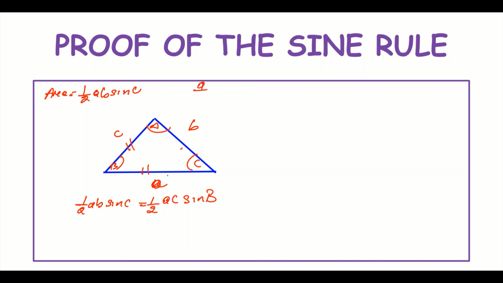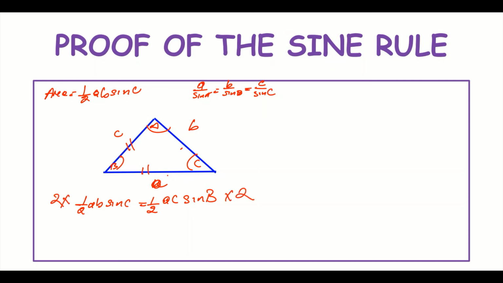Now, we're going to manipulate this formula to find what we want, which is A over sine A is equal to B over sine B is equal to C over sine C. With our algebraic manipulation, we can multiply both sides by 2.